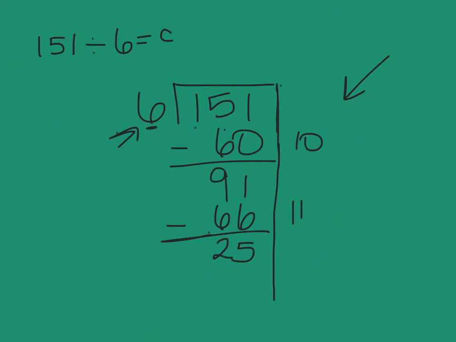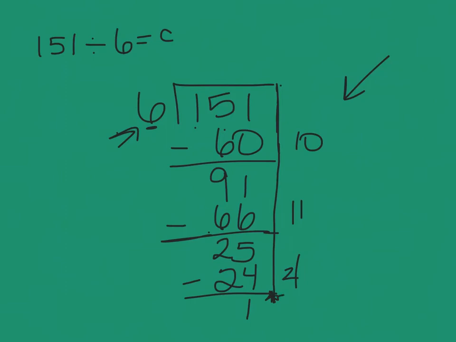And 6 times 4 is 24. So let's start with 24. 6 goes into 24 4 times, right? So now I'm going to go 25, take away 24, and I've got 1. Well, that doesn't work out very well because 6 can't go into 1. So I'm going to stop right there.